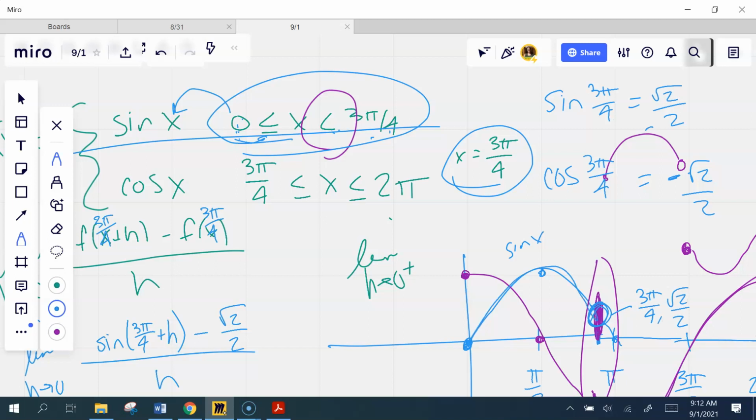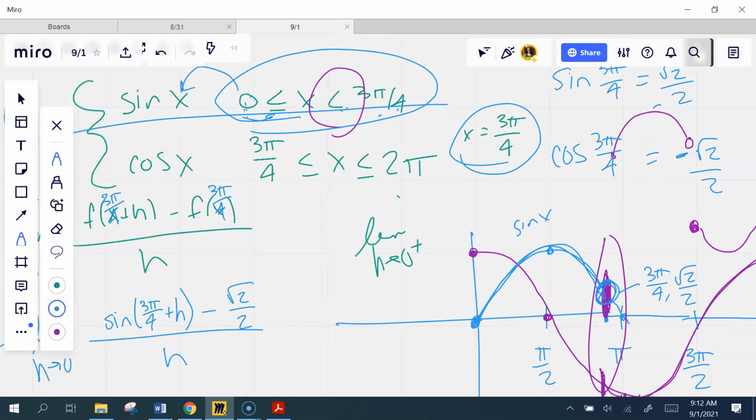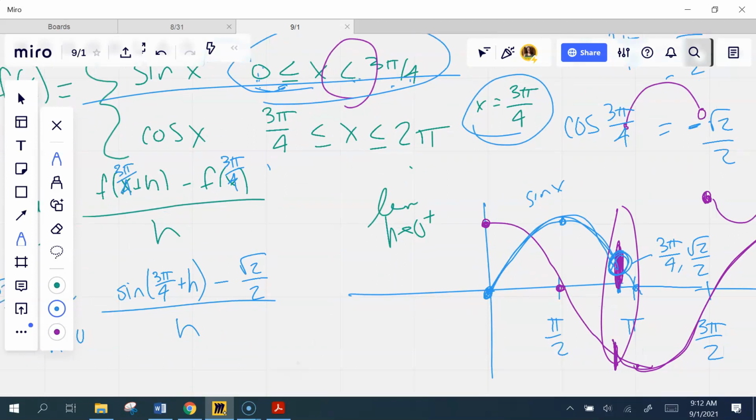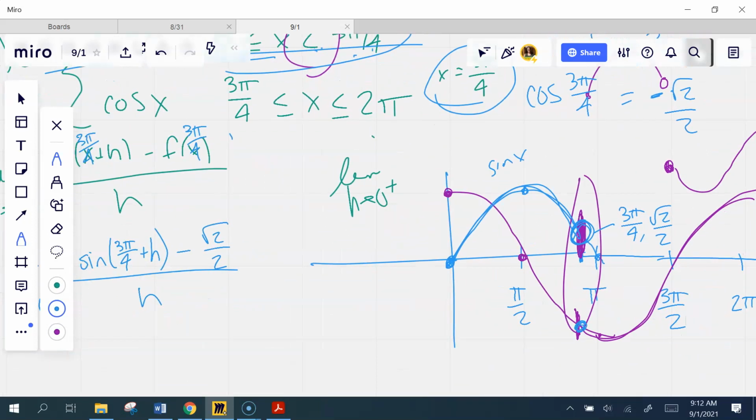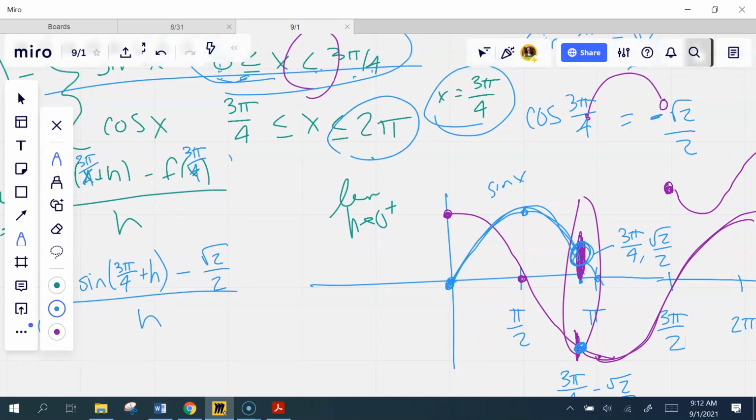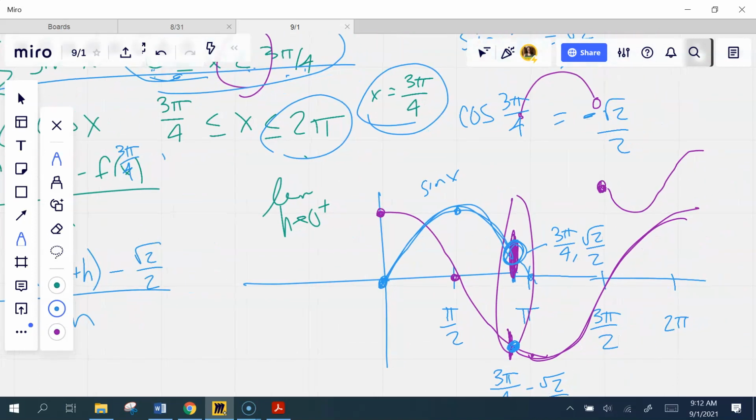And then the cosine at 3 pi over 4 is negative square root of 2 over 2. And then the cosine graph continues until I get to 2 pi, which happens here, because it goes up.